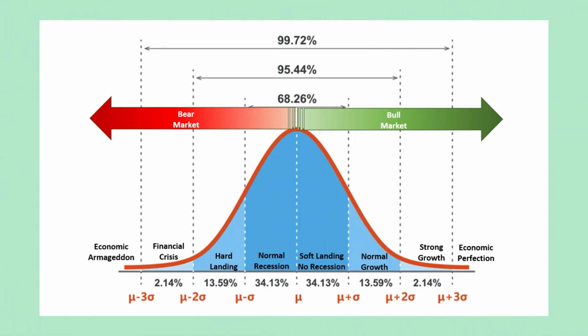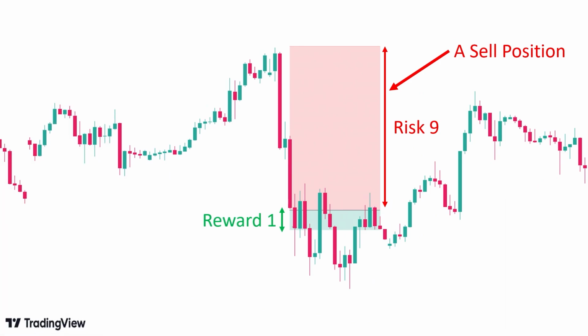You might have heard that the financial market is the market of probabilities. Hence, we can describe its behavior by merging the market characteristics and mathematical probability concepts. Assume that we have a total random trading strategy with a 1 to 9 reward to risk ratio, and we want to trade a total random market with it.